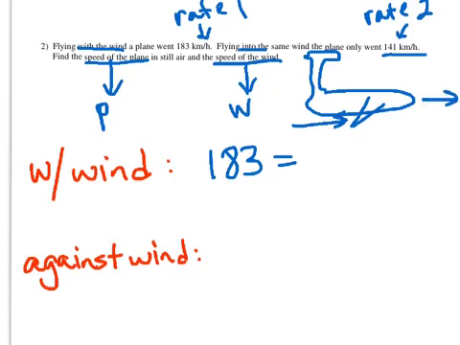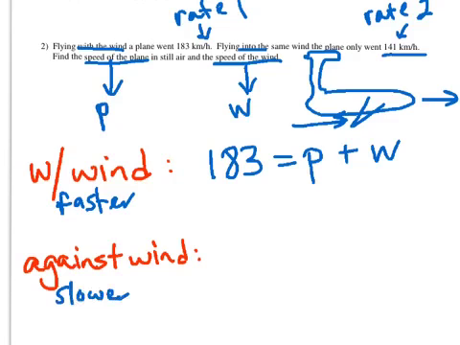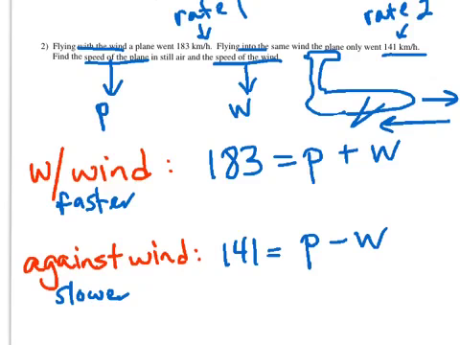So the speed of the plane is faster than it would be without wind. So we're going to have the speed of the plane plus the speed of the wind. Against the wind, it's going to be going slower, because now we don't have that wind working with us. We're working against the wind, and so we're going slower. So 141 equals the plane speed minus the wind speed.